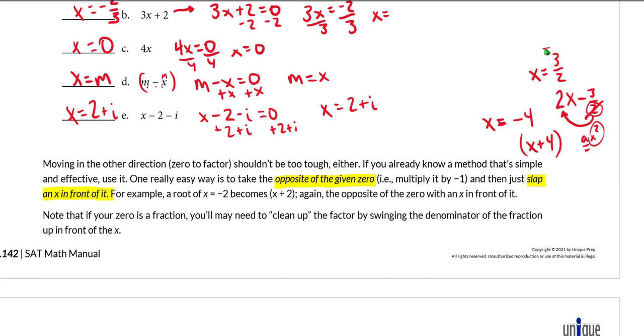In other words, when we see a zero like 3/2, we are talking about the factor 2x minus 3. So that's generally the way that we can easily get from our zeros to our factors.